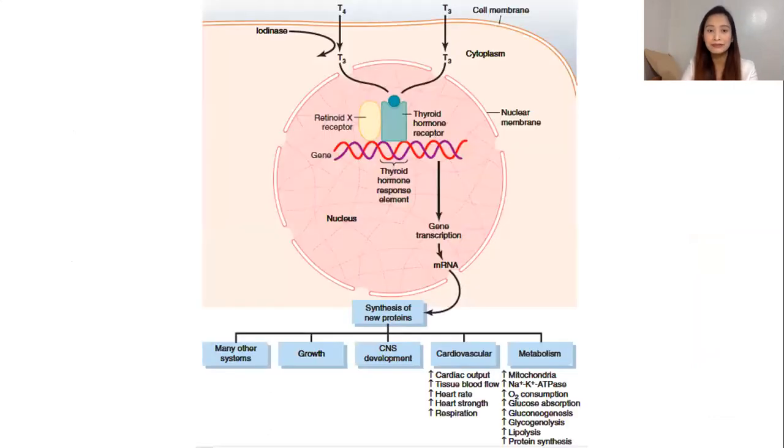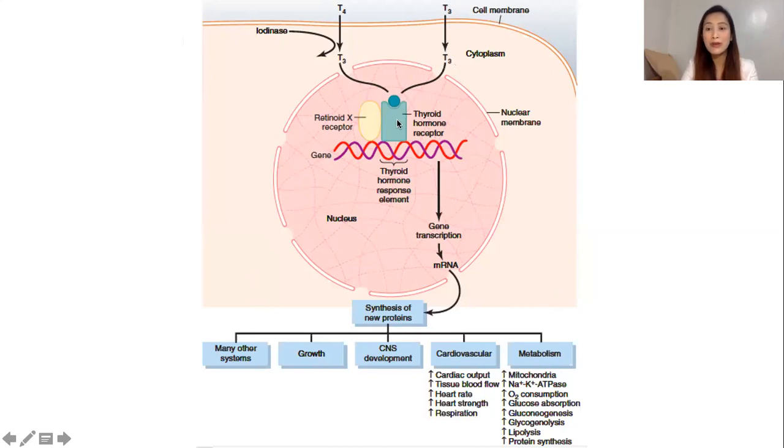So now, next we go to the physiological functions of the thyroid hormones. What do your thyroid hormones do to your body? So this is what happens when your T4 and your T3 reach your target cell. So let's say this is the target cell. Your T3 diffuses into your target cell, or if it's your T4, it's converted by your deiodinase enzyme to T3, and it is your T3 that attaches to your thyroid hormone receptor.